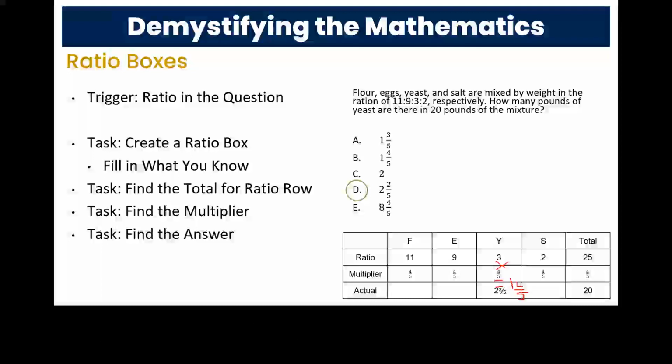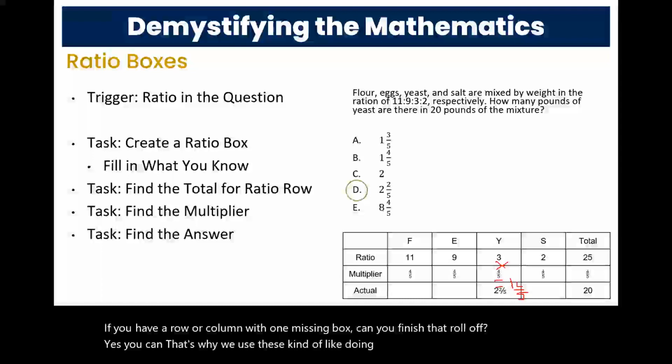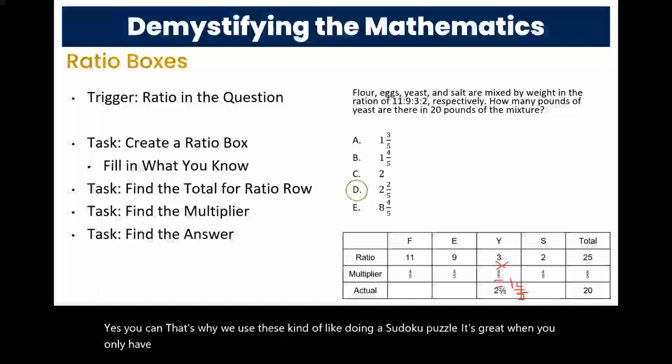Yes, you can. That's why we use these. It's kind of like doing a Sudoku puzzle. It's great when you only have one box left because then you're like, oh, I got the last number. Yay.